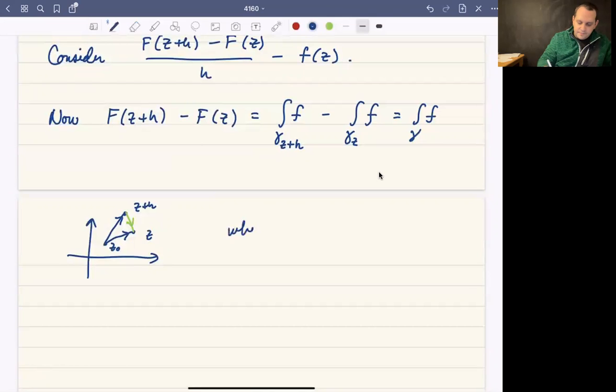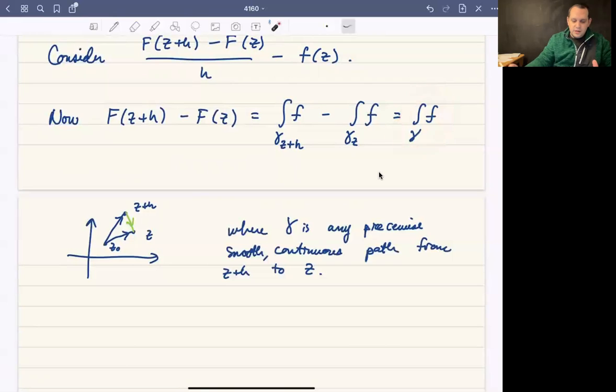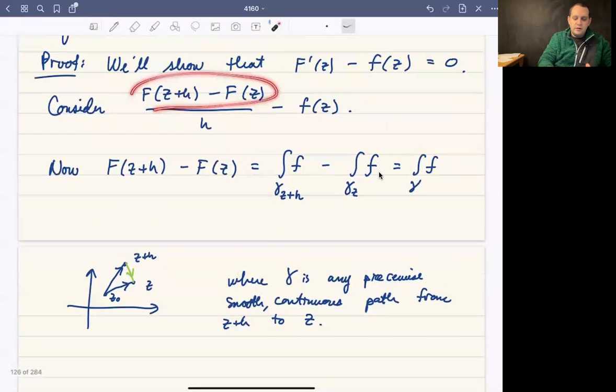So where gamma is any piecewise smooth continuous path from z plus h to z. Okay, and so that's what we're left with. So this is that quantity there. So that's the numerator of this first fraction that we're going to look at.